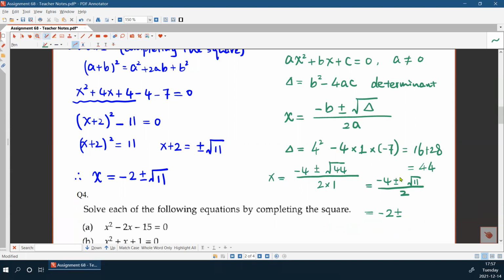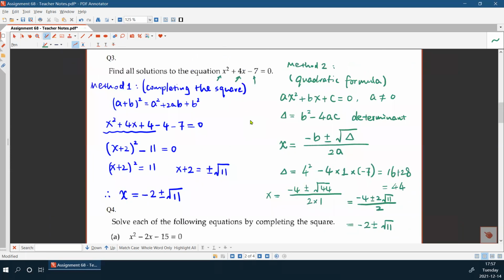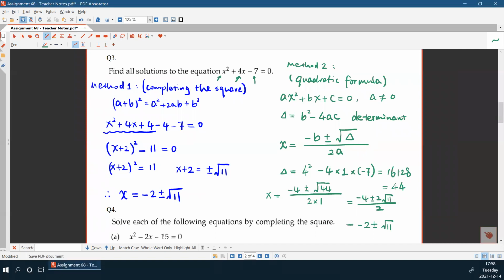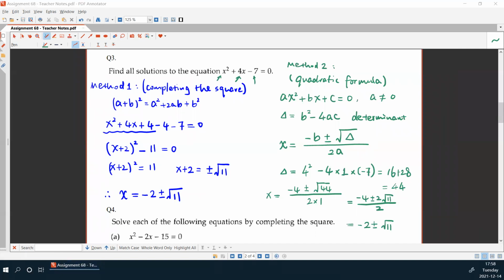This should be 2 square root of 11, which is exactly the same as method 1. Okay. Please have a look at this. Any questions? Let me know. Okay. And if you haven't done this correctly, please correct it by yourself. And let me know if you finished.